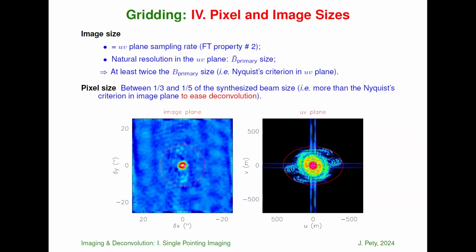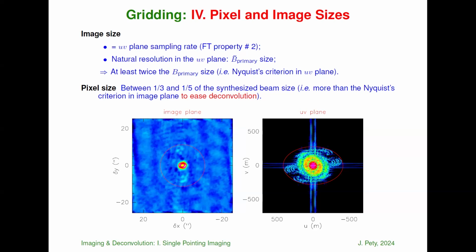Why is this? It's because the deconvolution is a nonlinear operation. And in particular, you will see in the next lectures that we will use a CLEAN algorithm that will search for point sources and localize them inside the pixel.